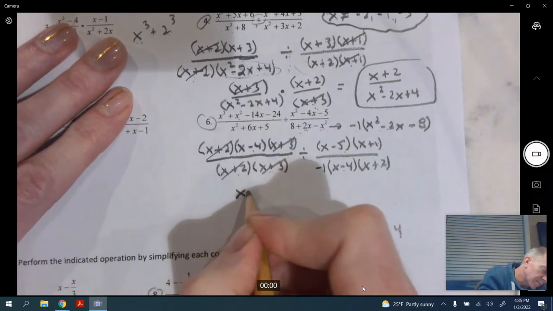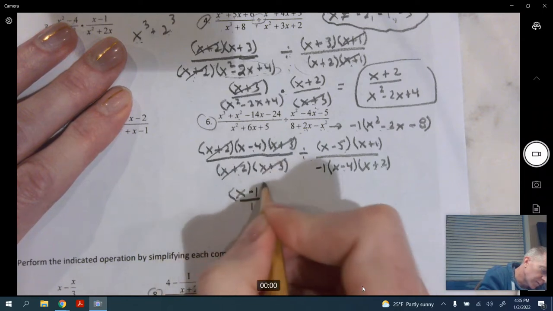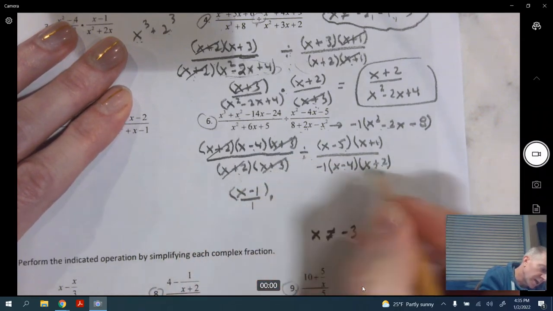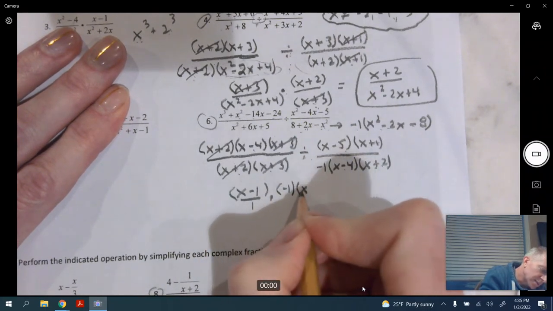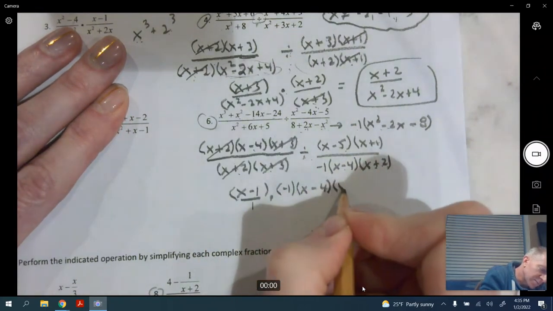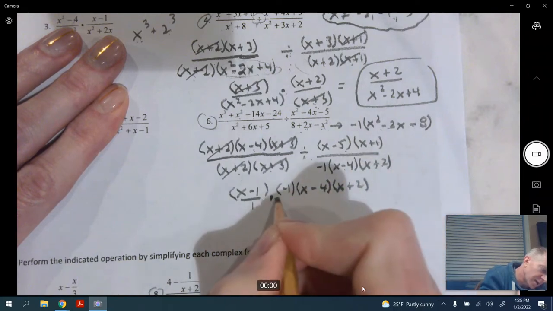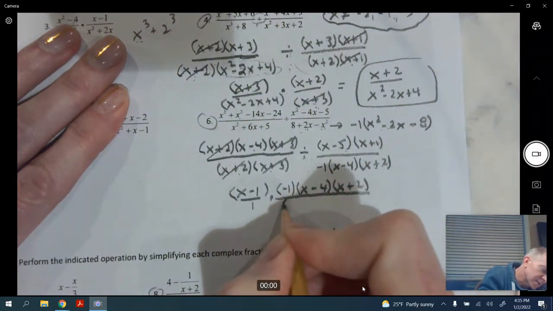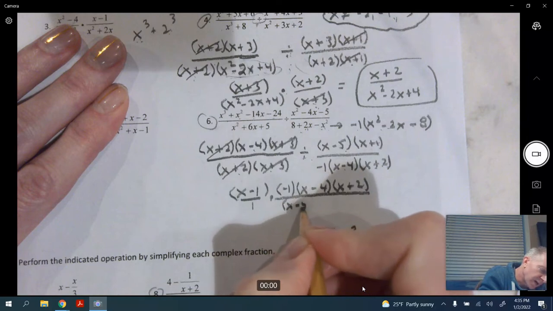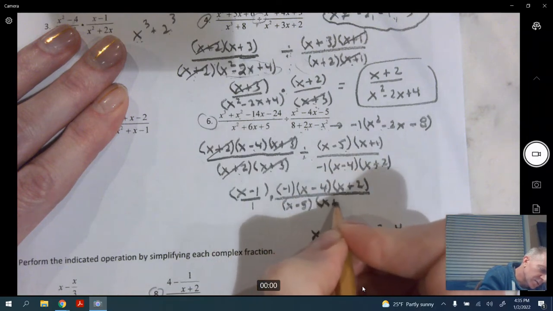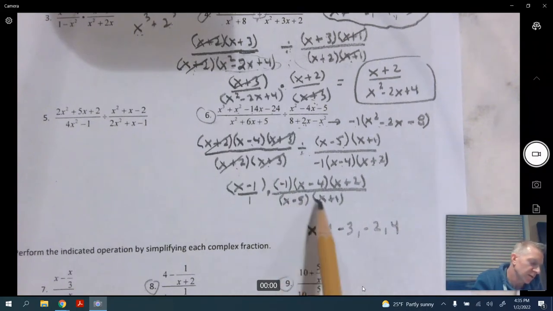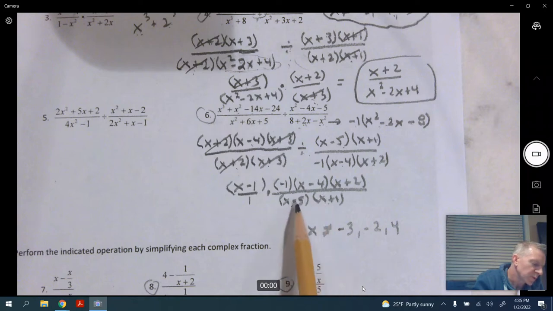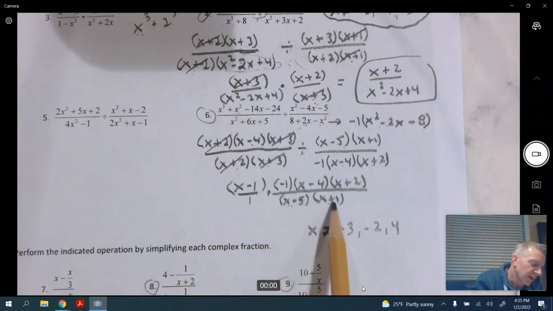So we've got x minus 4 over 1. Turn that division into multiply, and then we have to flip this fraction. So we're going to get a negative 1, x minus 4, x plus 2. And on the bottom, we get x minus 5, x plus 1. Now we have to add to our restrictions because, again, we're going to have values of x that make the denominator 0. So we're going to get a positive 5 and a negative 1.